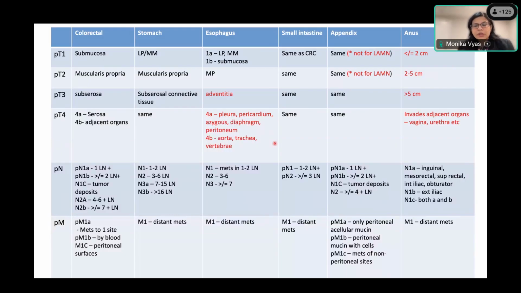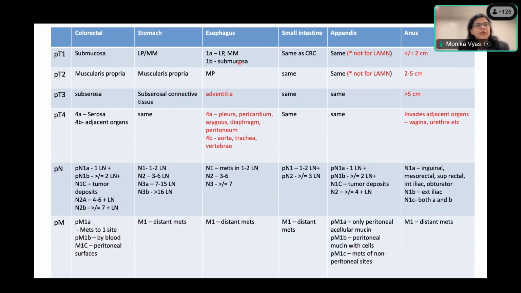So here's a little overview of staging parameters for various locations in the GI tract. I will not go into all of the details here, but just so that you're aware, in the upper GI tract and lower GI tract, the pT1 stage is done differently, and we'll talk about that in the next slide.